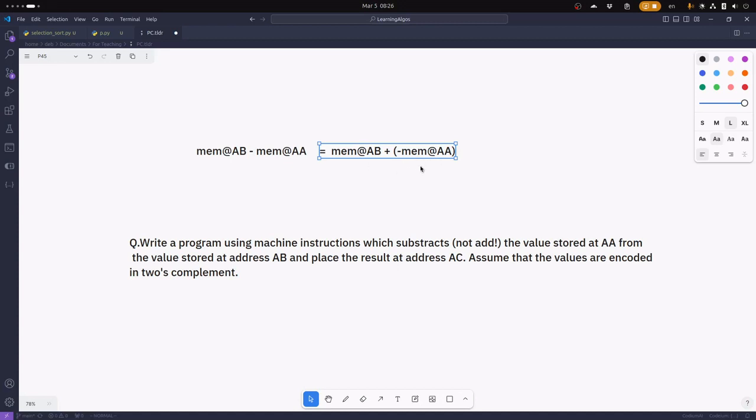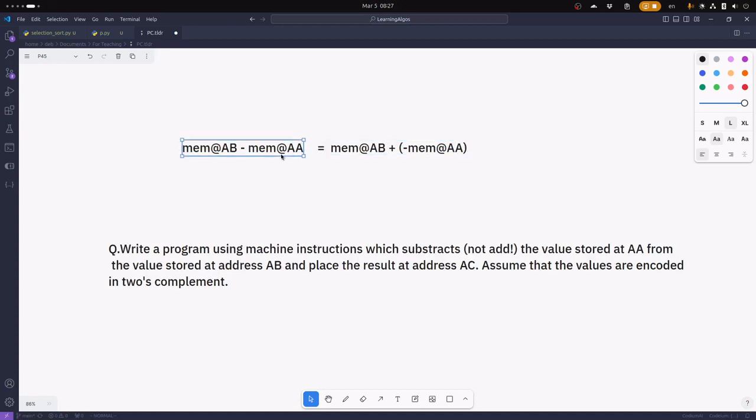If we add like this, it will also be subtraction. This is the beginning of the trick. Now, how will we make the value of memory address A into negative A?